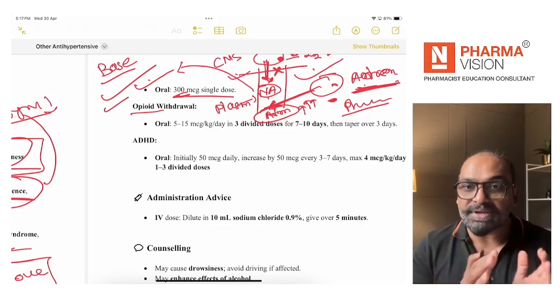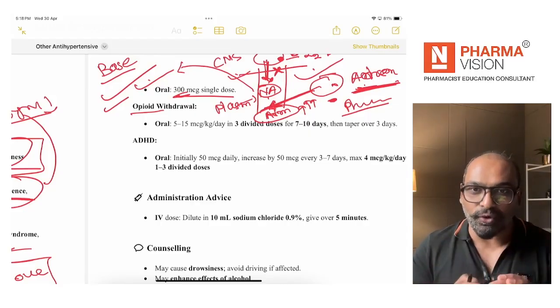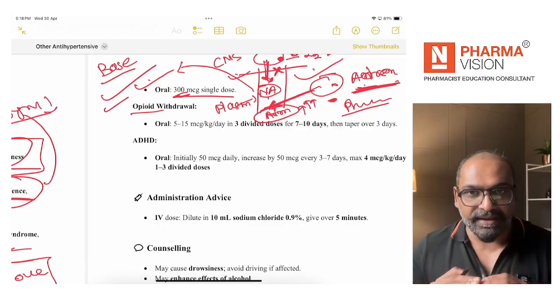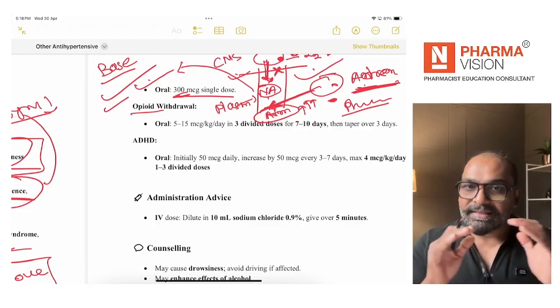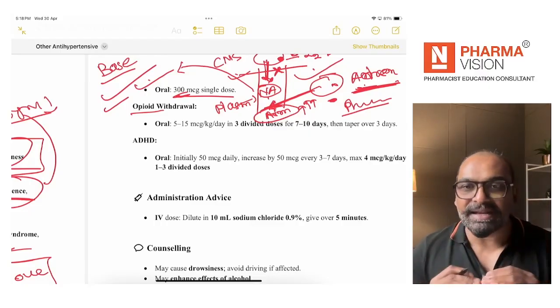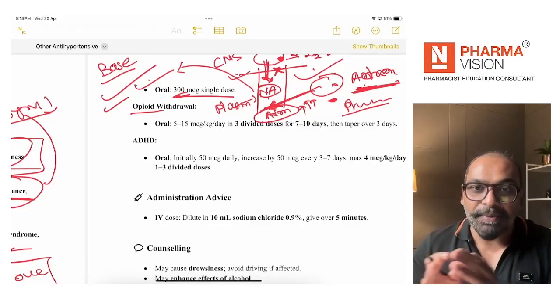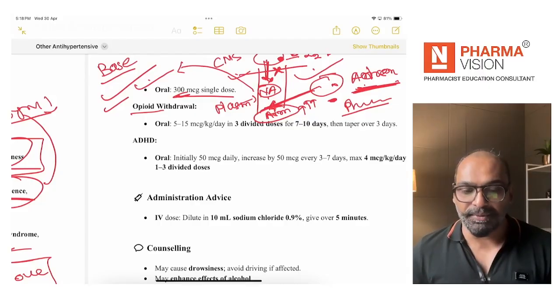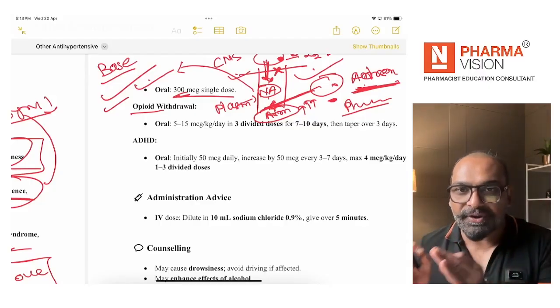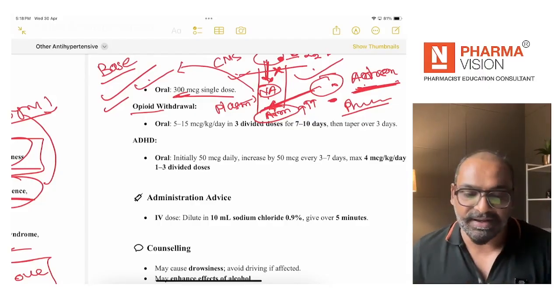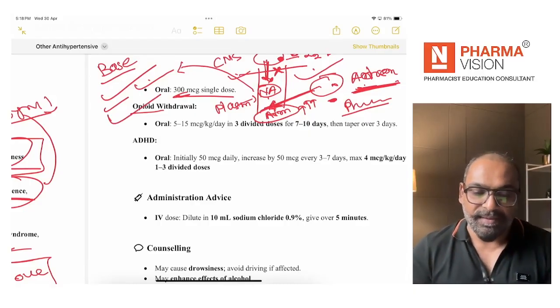These symptoms are associated with opioid withdrawal. When the patient takes clonidine, it suppresses the release of excessive noradrenaline in the brain, so the patient might not get these withdrawal symptoms. That's why opioid withdrawal can be managed with clonidine. That is a very unique use case.